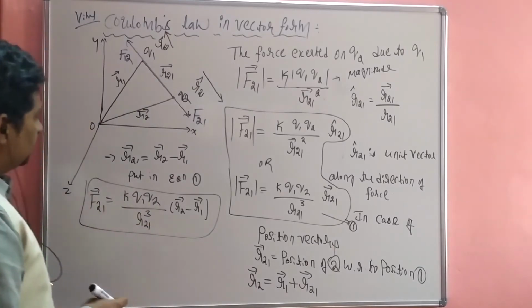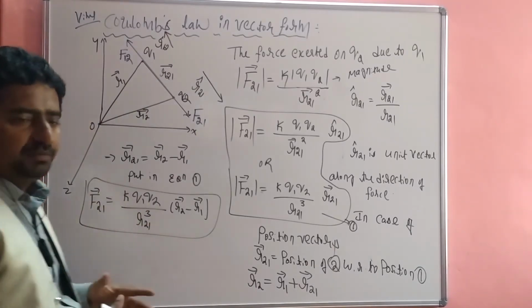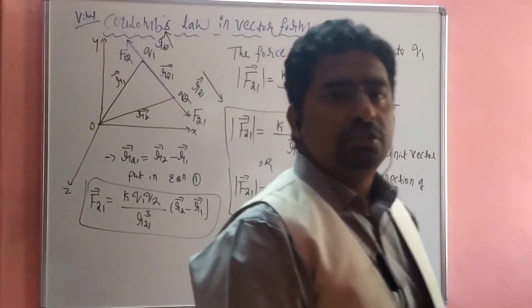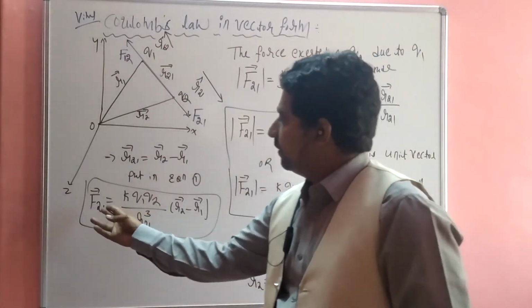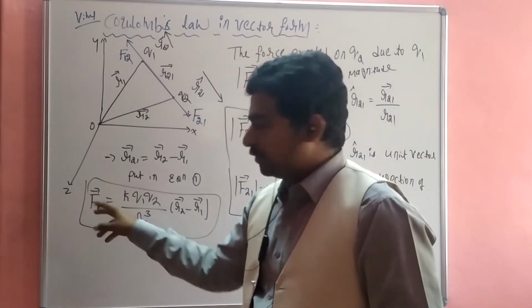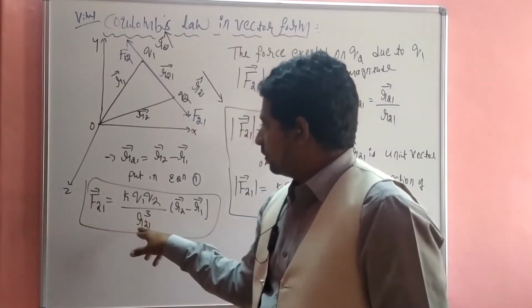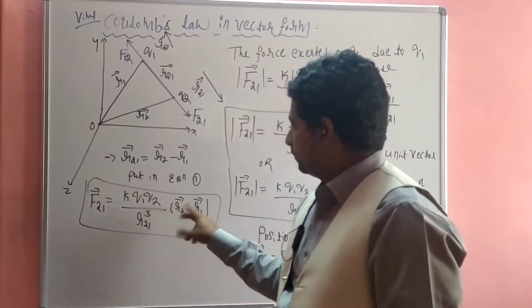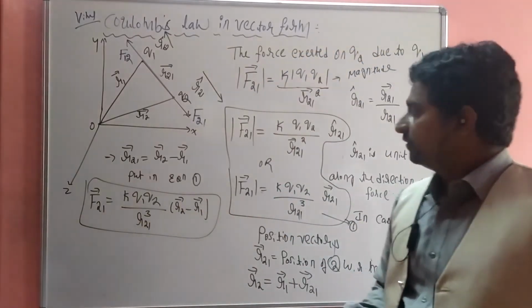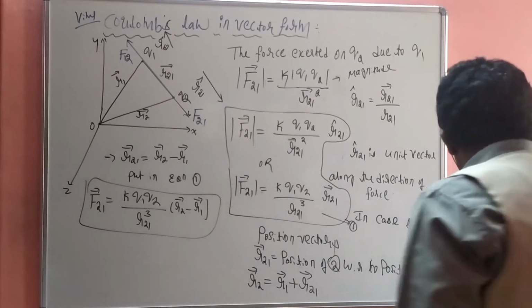It is the same equation, nothing changes, only you have to shift it: R21 becomes R12, F21 becomes F12, and R12 is R1 minus R2. Like that, you have to come to the point.